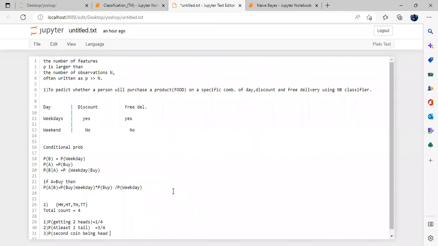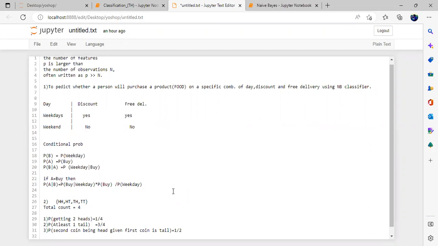Second coin being head, I'm writing there, given first coin is tail. Yeah, that's one method. And the fourth one is 1/2. This is just a basic example of how you find probability.